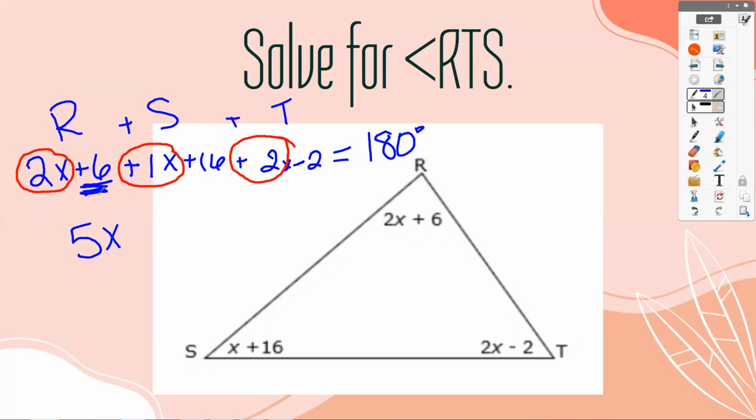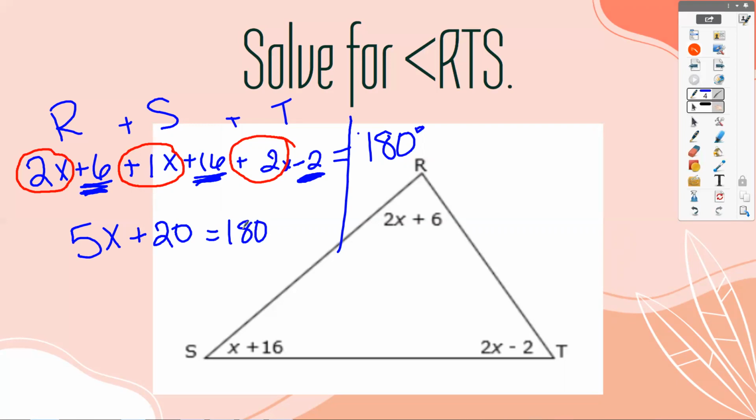I have a positive 6 plus 16, which is 22. And then minus 2 would bring me back down to 20, a positive 20. And I bring down the 180 because if you think about drawing your line, that's on the right-hand side. I haven't done anything with it, so I just drop it down.